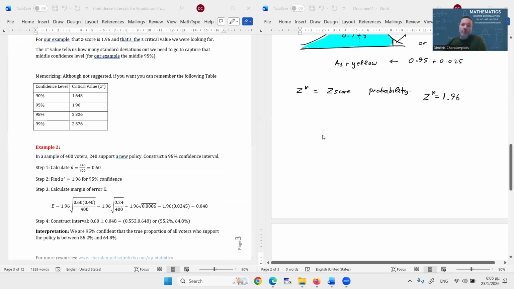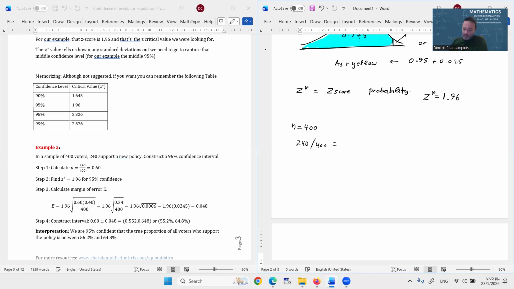Let's assume that we had a sample of 400 voters. And we found that 240 of them, so 240 out of 400, let me use the calculator, 240 out of 400, which is equal to 0.6.